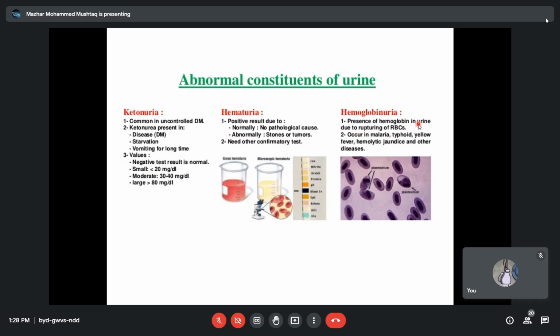Red blood cells are somehow broken during the passage through the nephron, and then that hemoglobin can be detected in the urine, and that can cause hemoglobinuria. It can occur, for example, in malaria, hemolytic jaundice, yellow fever, and typhoid. So these are the examples of hemoglobinuria.